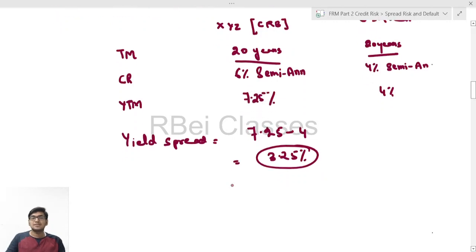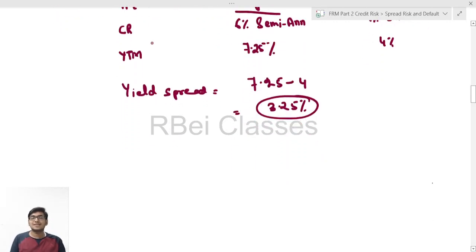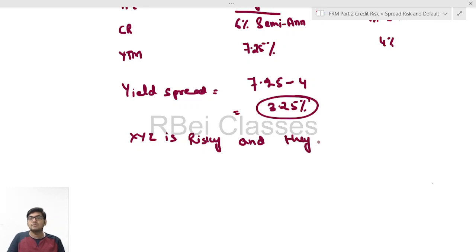Now, this XYZ bond is giving an extra 3.25% to the bondholder. Why? Because XYZ is risky and they are paying a risk premium. Clear? Higher the risk, higher the probability of default.